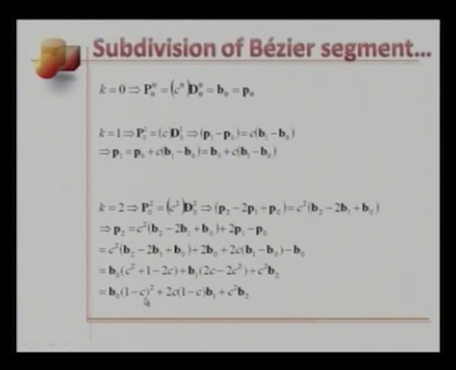Here c appears to be a parameter. Likewise, over here, p1 would be like a point on a Bezier segment of degree 1. And you can use this physical observation and extend it to get P3, P4, and so on and so forth.